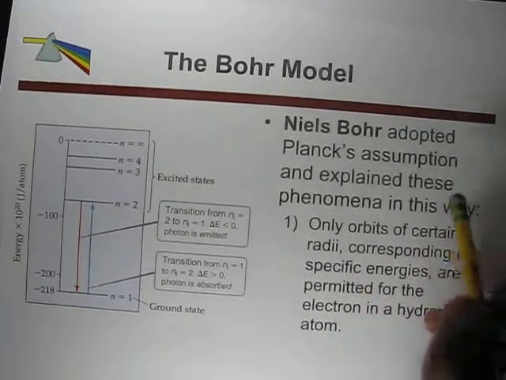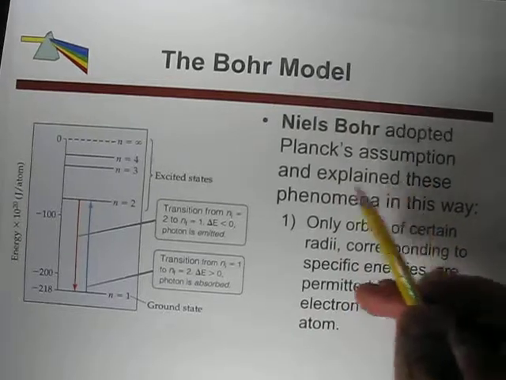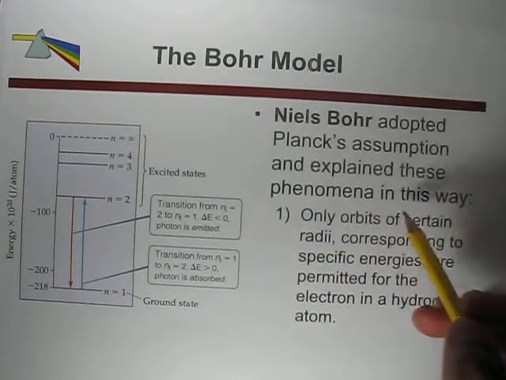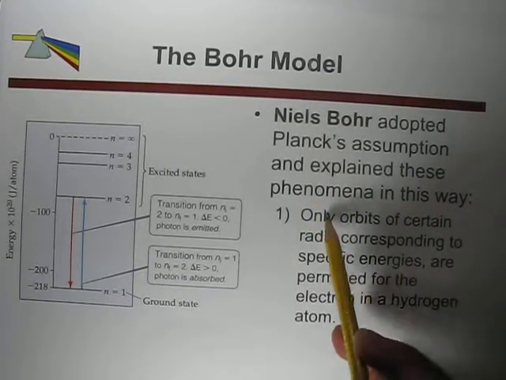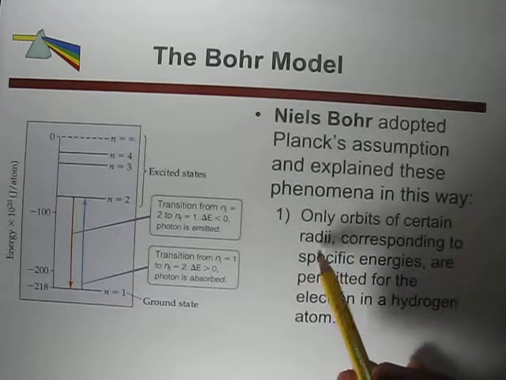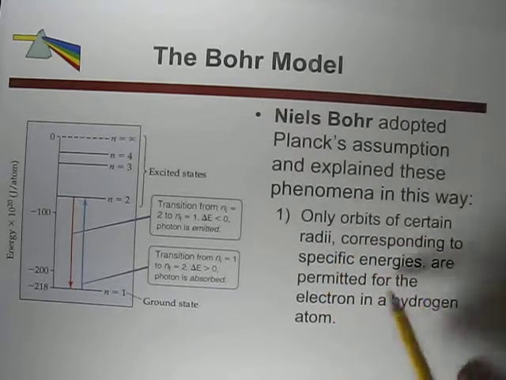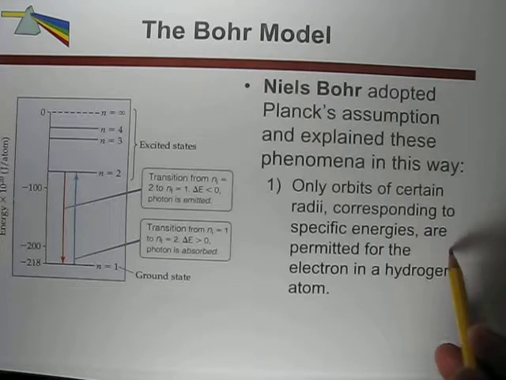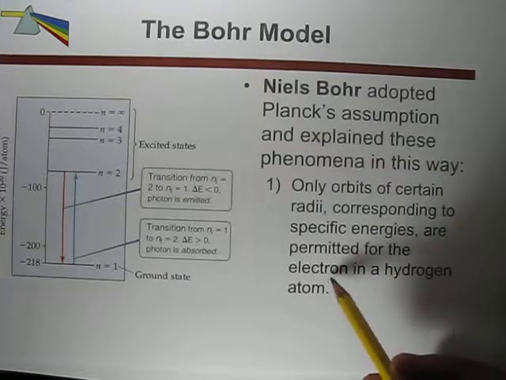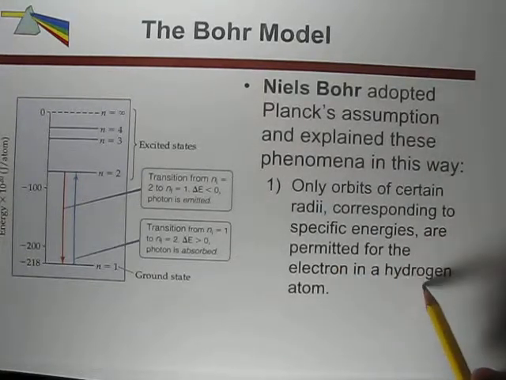Niels Bohr adopted Planck's assumption and explained these phenomena in this way: only orbits of certain radii, corresponding to specific energies, are permitted for the electron in a hydrogen atom.